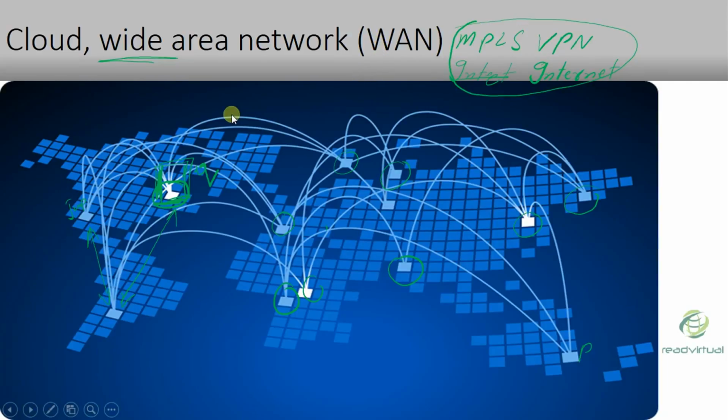DMVPN technology is where we are using internet technology, and we are using IWAN, intelligent WAN, which is the combination of both internet and MPLS VPN, because MPLS VPN actually gives us a huge cost. If we run MPLS VPN operation, it will be a huge cost, and the link which we take from the ISP is very costly. So normally internet is cheaper as compared to MPLS VPN.